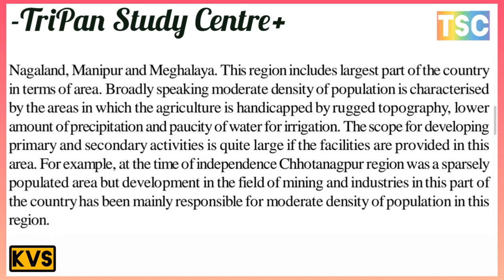Broadly speaking, moderate density of population is characterized by areas in which agriculture is handicapped by the rugged topography, lower precipitation, and limited water for irrigation. The scope for developing primary and secondary activities is quite large if facilities are provided in this area.